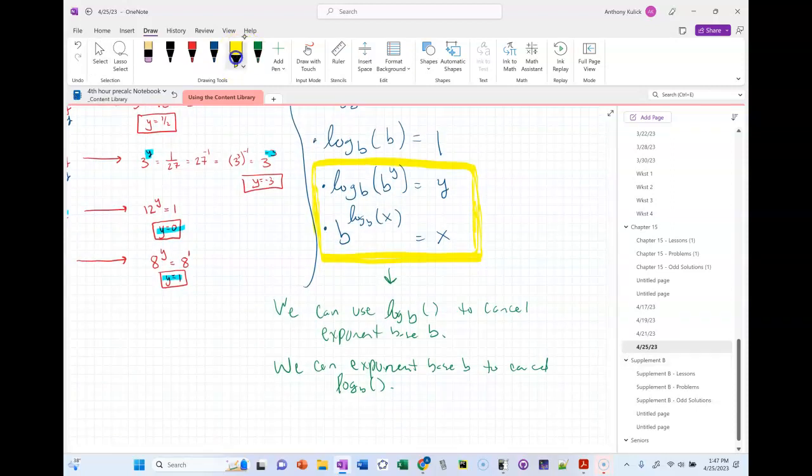This is going to be the foundation for how we solve exponential and logarithmic equations, and really how in the future we'll go ahead and simplify logarithmic expressions. This idea that log base b cancels exponent base b, and that in return exponent base b cancels log base b, is maybe the single most important concept that we're going to see in this section.